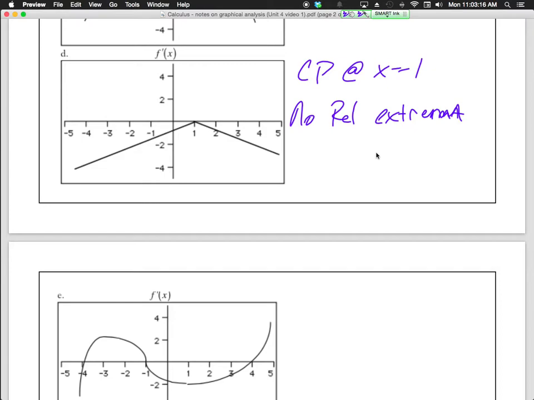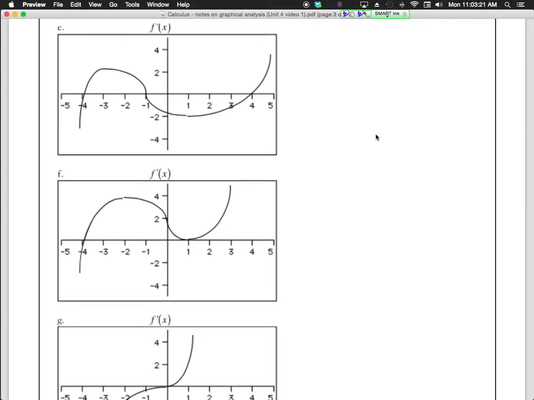Alright, next one. Third page. Alright, Alex. Critical points on E. Negative 4, negative 1, and 4.